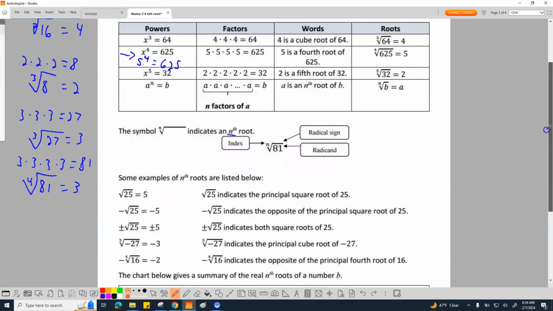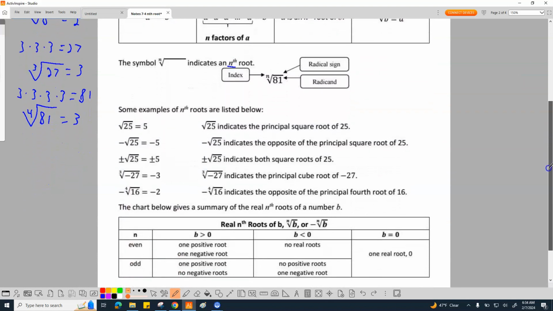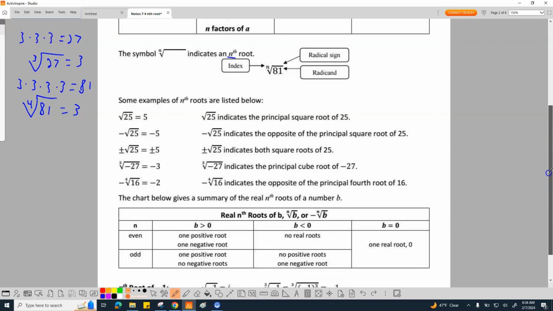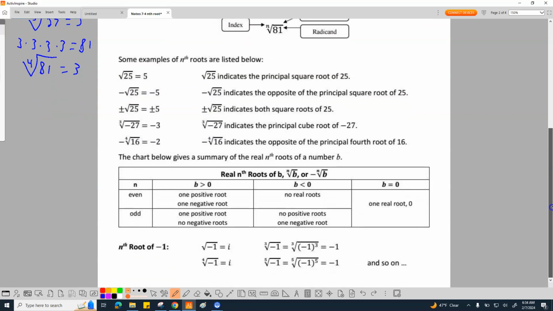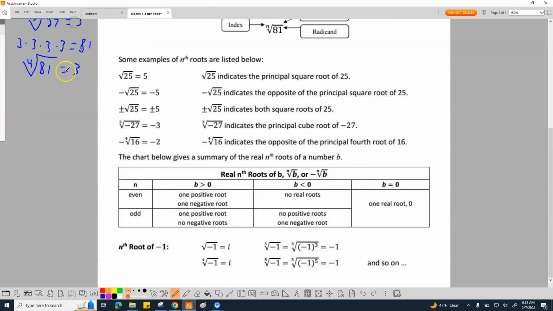So with that said, I'm going to go ahead and talk about what you're going to do with negative numbers, and it's pretty simple. It is pretty simple. Even rules. You ready? If I had negative 2 times negative 2 times negative 2 times negative 2, that would give me negative 8.